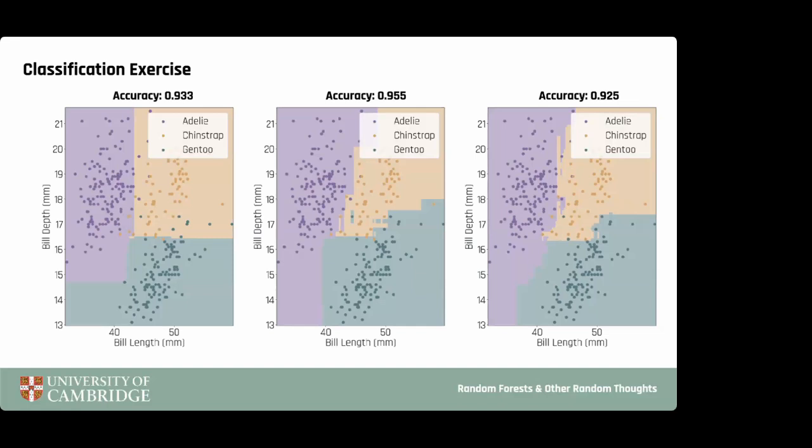Any sort of guidance between number of trees and depth of decisions? It's kind of trial and error, really. If you've got very complex data and lots of input variables, then obviously you're going to need more depth and more trees.